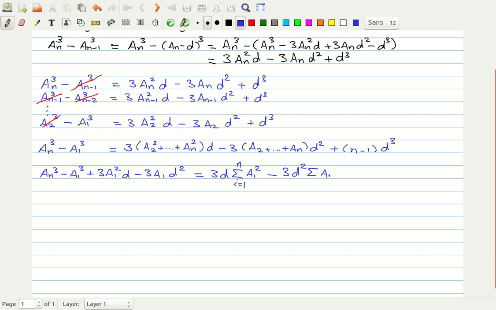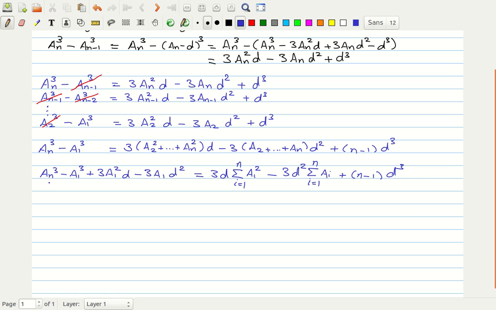So this is the sum of ai, where i is again running from 1 to n, plus (n minus 1) d cube. Now you can see that we know almost everything. All we have to do is just simplify this hairy looking expression.